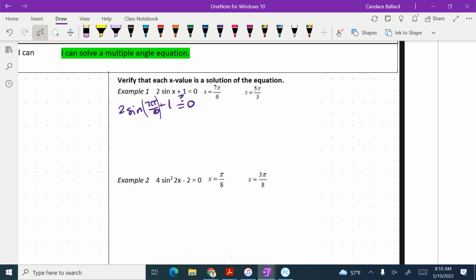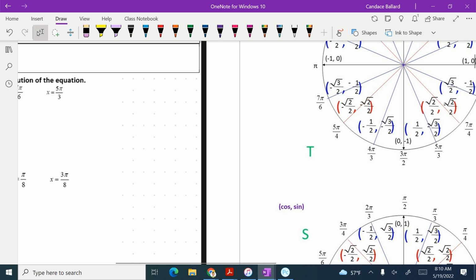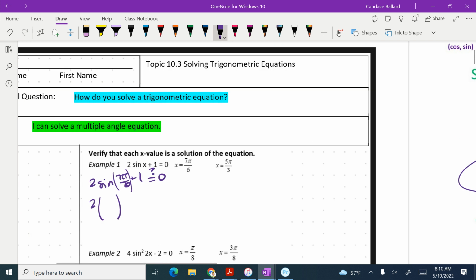All right. So we're going to go to our unit circle, and I'm going to find sine of 7 pi over 6. Is sine the x coordinate or the y coordinate? Y coordinate. Okay, so I'm going to go to the y coordinate and I'm at 7 pi over 6. I'm looking at y, so I am going to put in the negative 1/2. And I'm still testing.